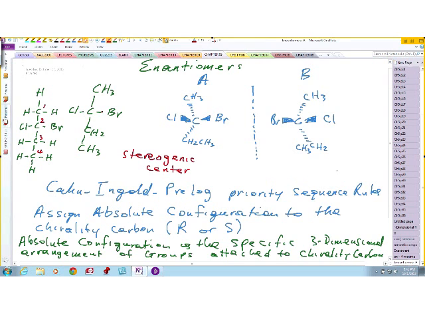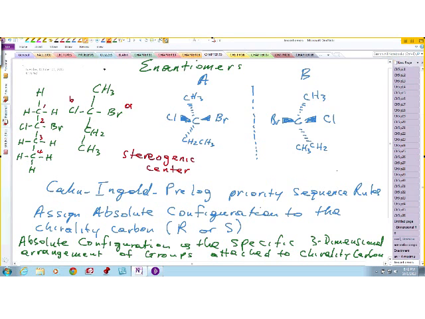Okay? So we take a look at this carbon here. You see bromine. We say bromine is priority A. Follow this now. What would be priority B? Chlorine, based on atomic number.